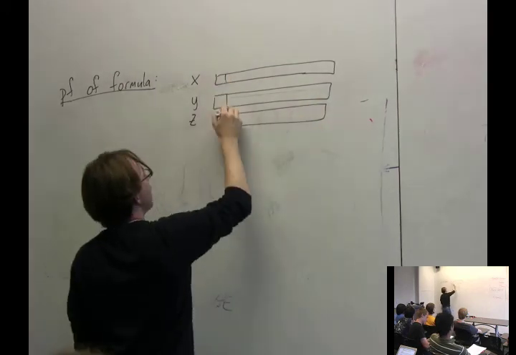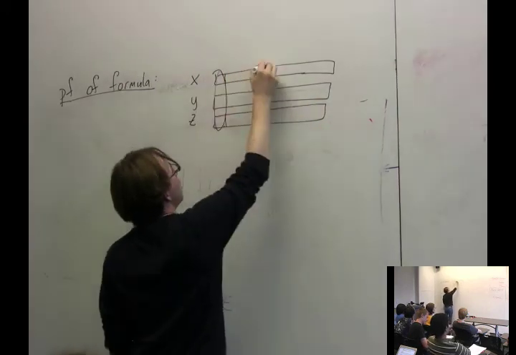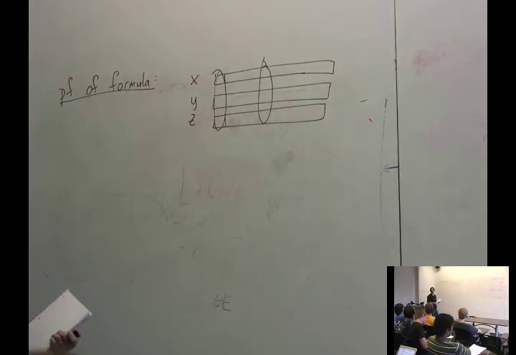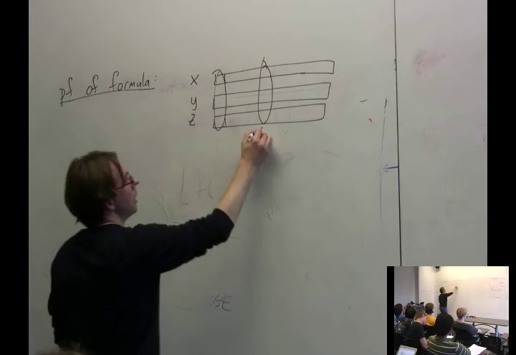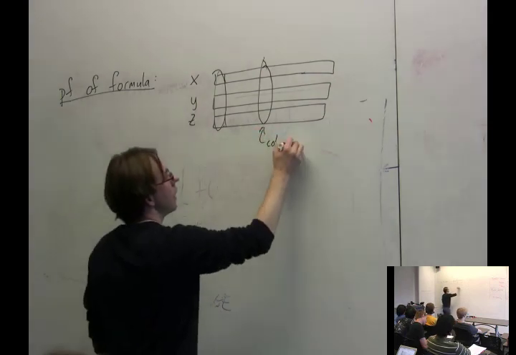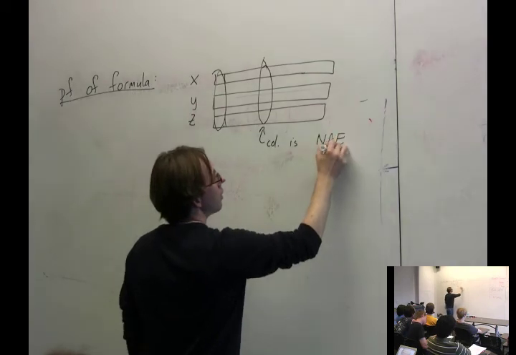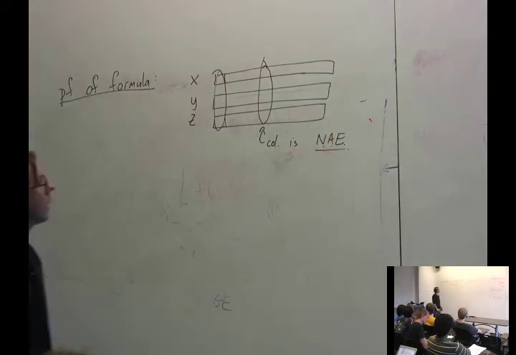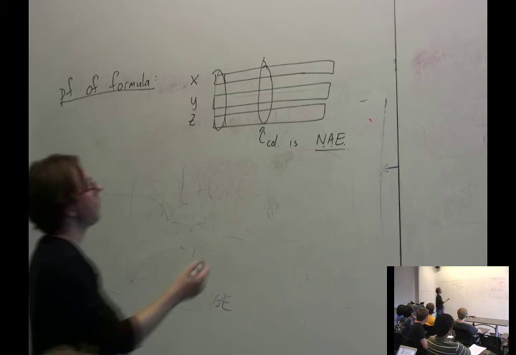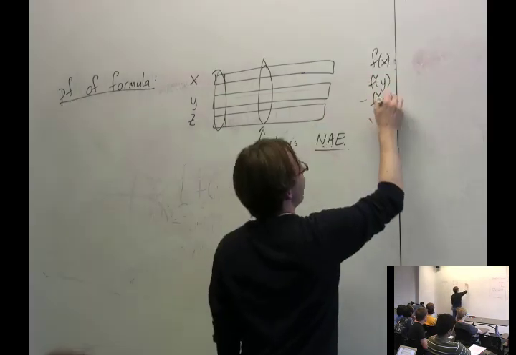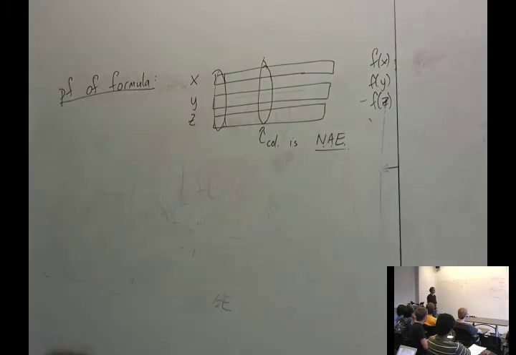Each of the n voters, if you look at a column, chooses one of the 6 rankings at random. And in particular, each column is one of these not-all-equal columns. And what we're interested in is the probability that the outcome, f of x, f of y, f of z, is also not all equal. That's when we have a rational outcome.